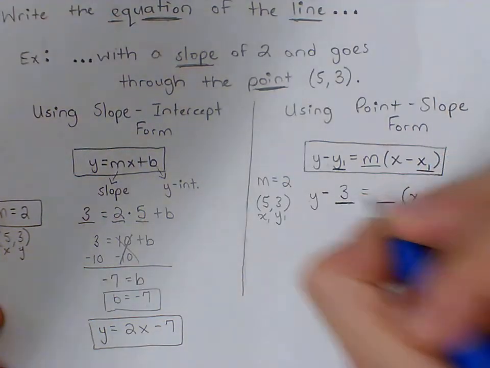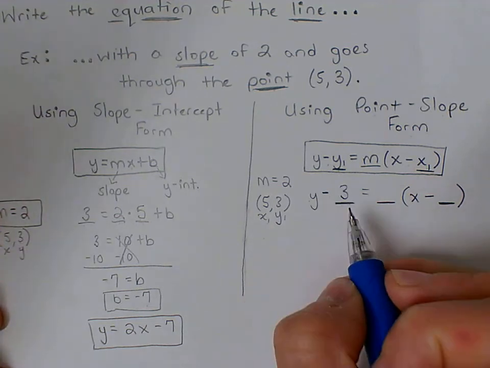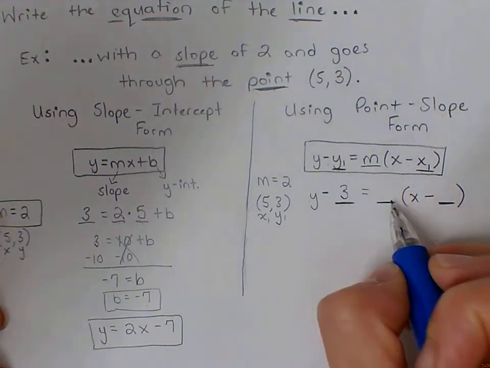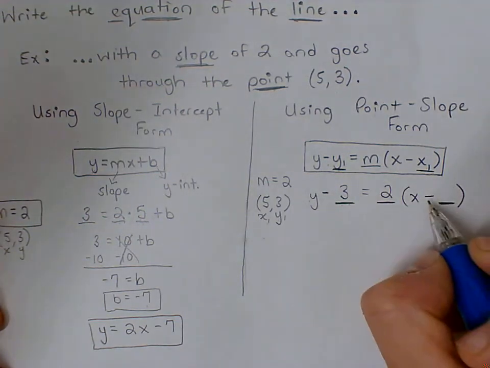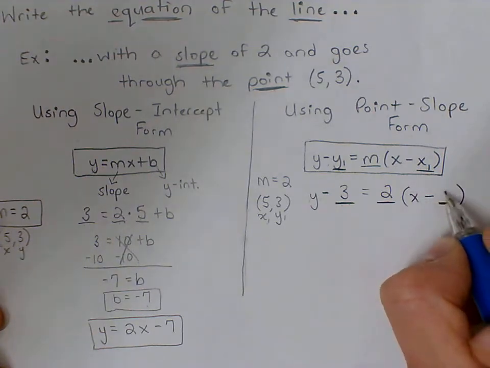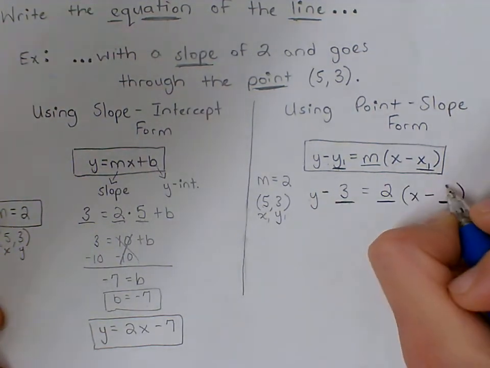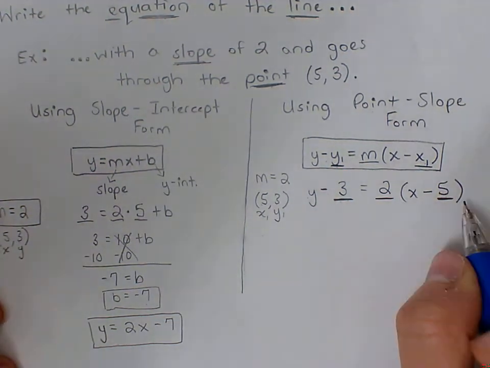So my 3 will go here, and notice I just copied it down, and then I'm plugging in. My slope would go here, so the 2 would go here, and then my x value goes with the x in the equation. So right here, my x value is 5, so I'm going to put a 5 there. All right, so that's the plugging in part.